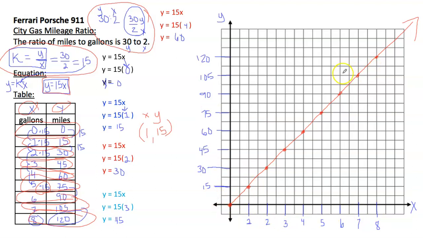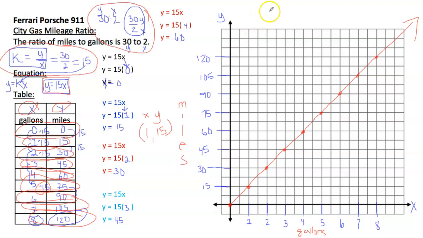And the only thing I'm noticing that I forgot is I forgot to label the x-axis as gallons. So I should have put gallons down here. And the y-axis, the y variable, represents miles. So I should have written miles over here.